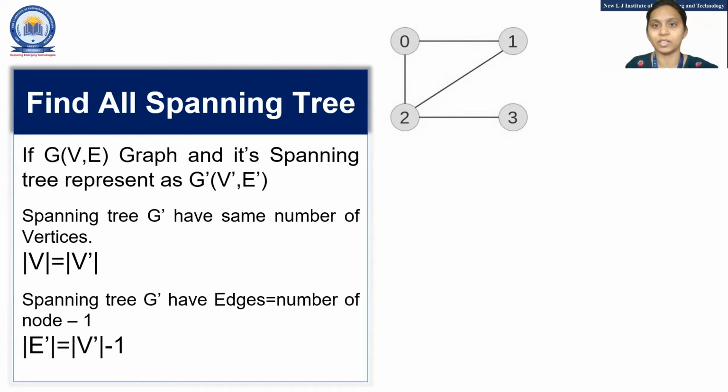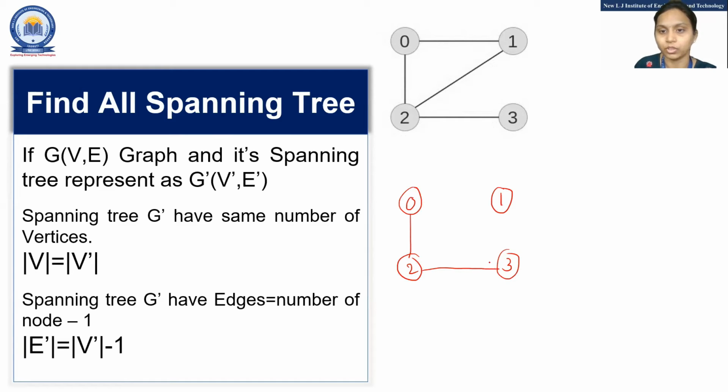Now take one example here. You have to tell me how many spanning trees are possible for this graph. Let me draw one for you. First of all, draw all the nodes. Then make sure that no cycle is formed. If I connect this, then I'm not allowed to draw this line.